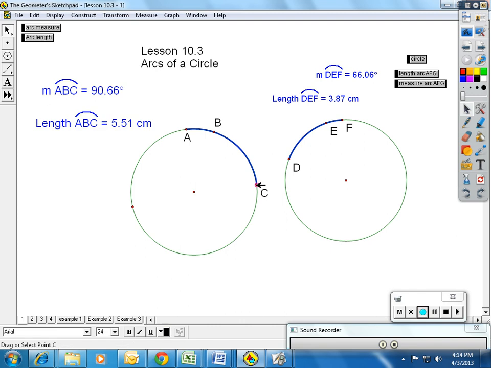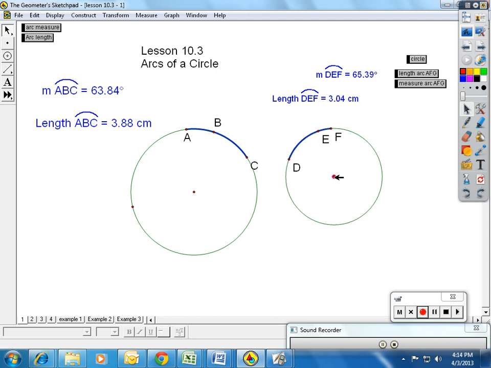So I'm going to shrink this one up until it's 3.8, 3.87. That's as close as I'm going to be able to get. And notice that, well, I just missed that up. Take that back to 3.88.